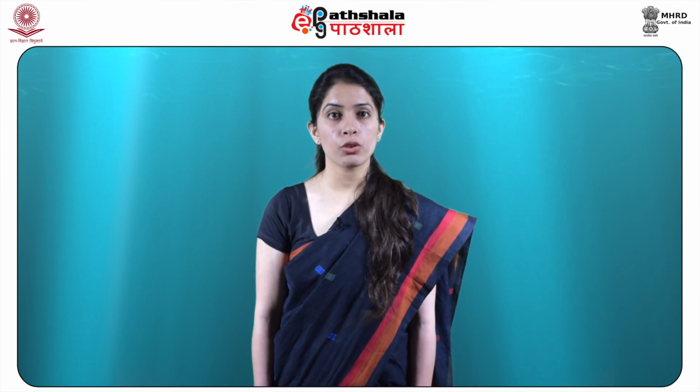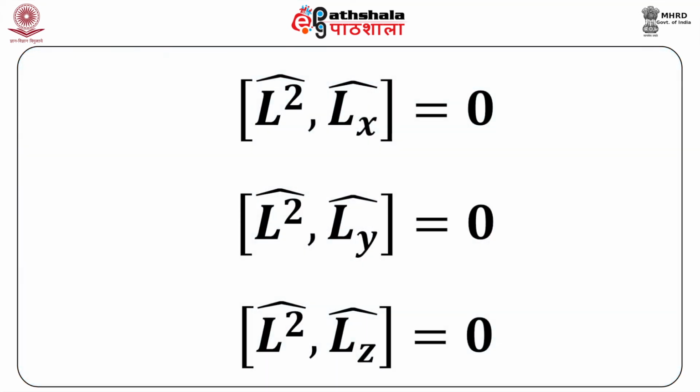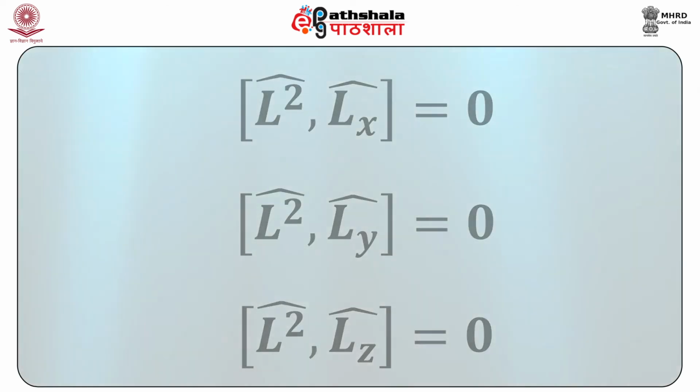Further, we found that the following commutation relations hold true for total angular momentum as well: L1 and L2 commute, and so do L² with Lx, Ly and Lz, where L² is taken as the sum of L1² plus L2², and Lz is taken as the sum of L1z plus L2z.